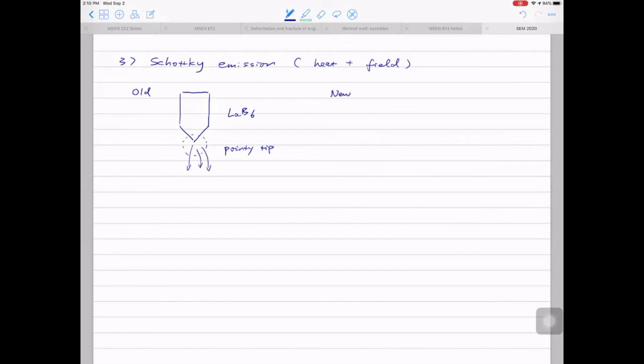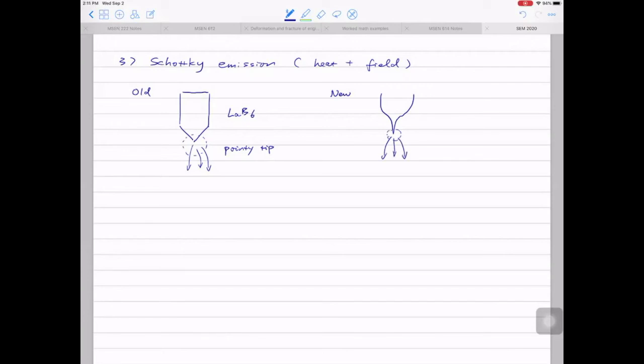Then nowadays, the ones you guys most likely are using are very similar to the cold FEG. In fact, most of the design aspects are similar to the cold FEG. As I said before, it's using a tungsten single crystal. And if you use heat, you use electric field, the electrons will be extracted out from the tip.